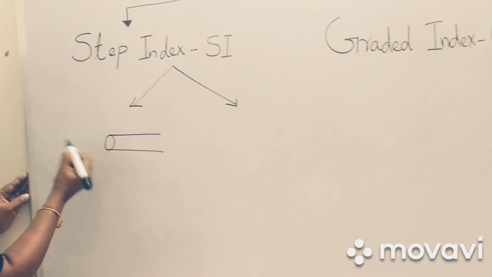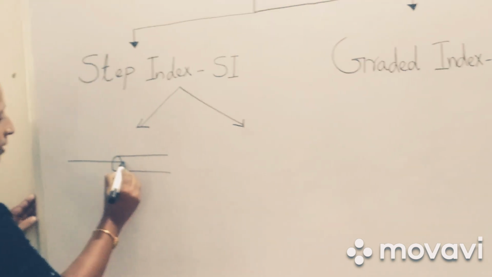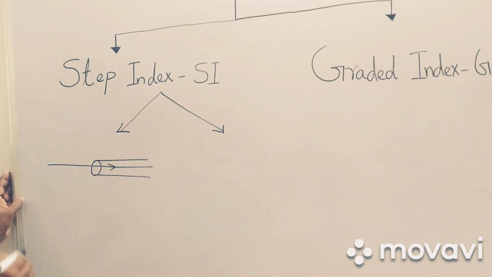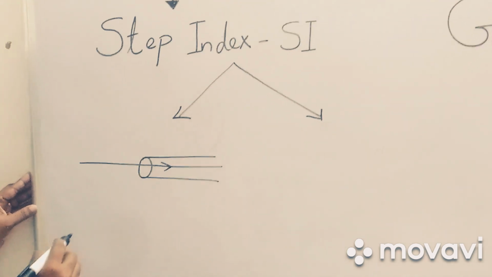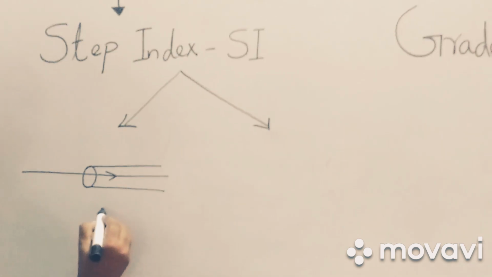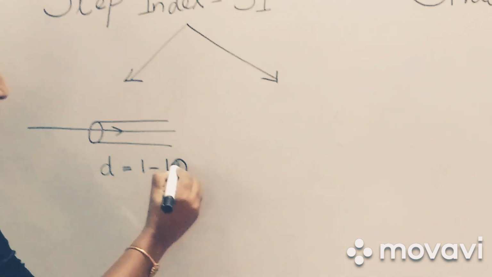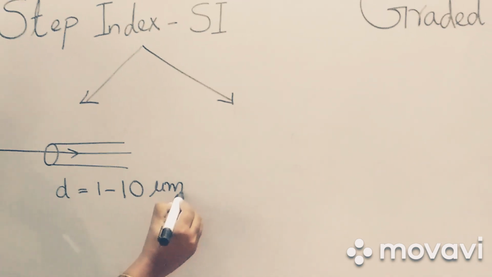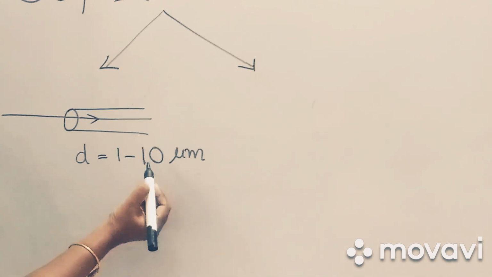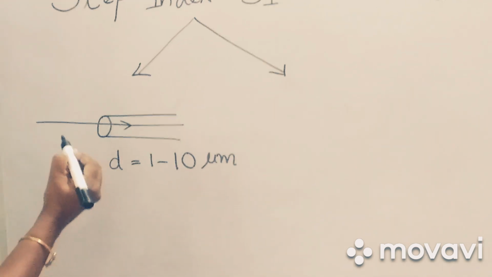If the core size is very small, the light rays propagate through the fiber like this. All light rays follow a straight line path. For this fiber, the diameter of the core ranges from 1 to 10 micrometer.